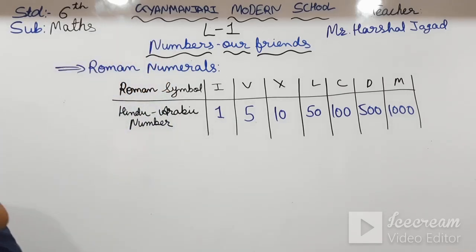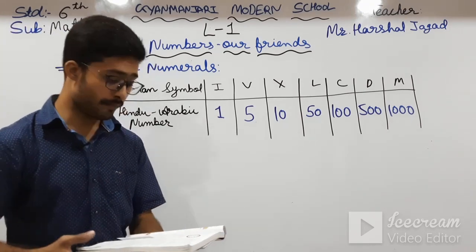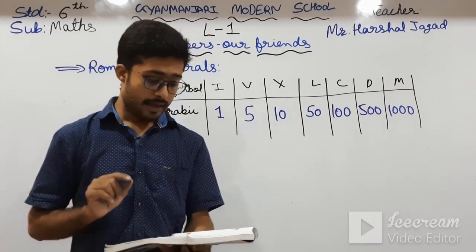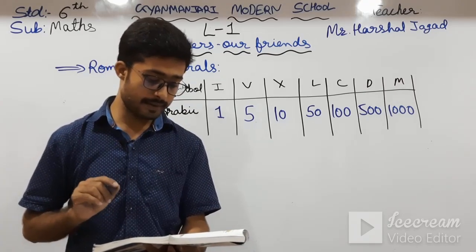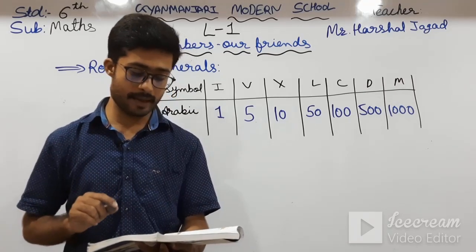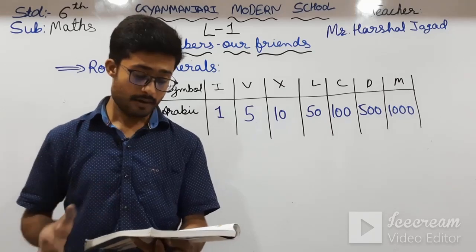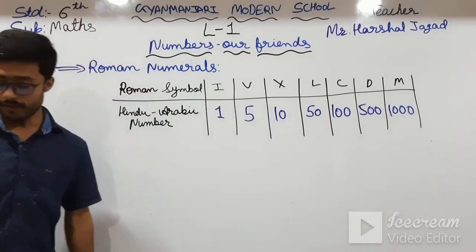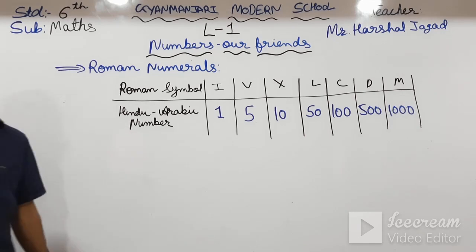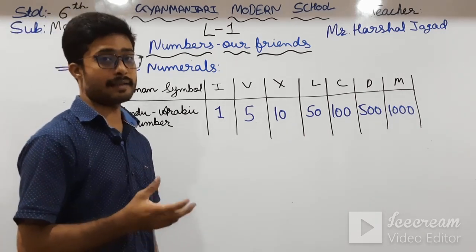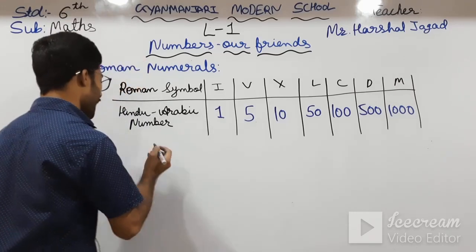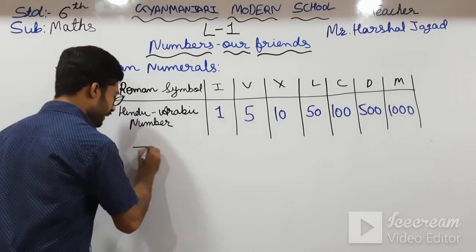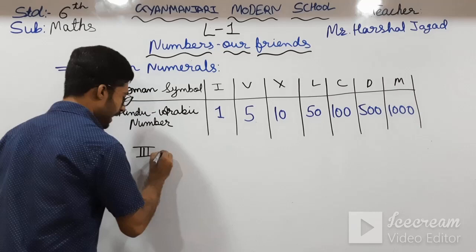See here the rule number 1. If a symbol is repeated one after another, its value is added as many times as it occurs. For example, I repeat I for 3 times.